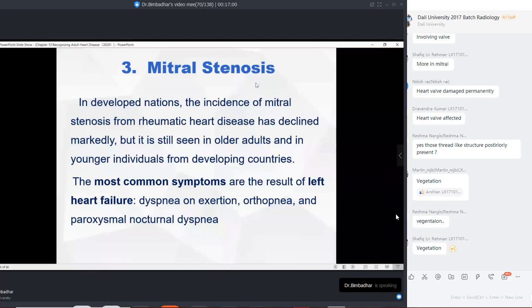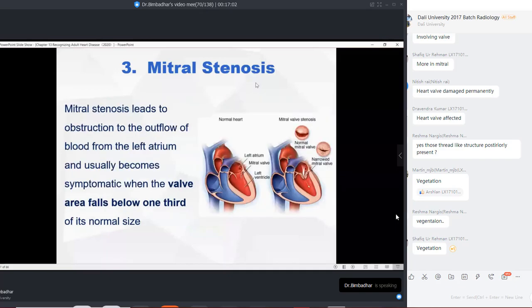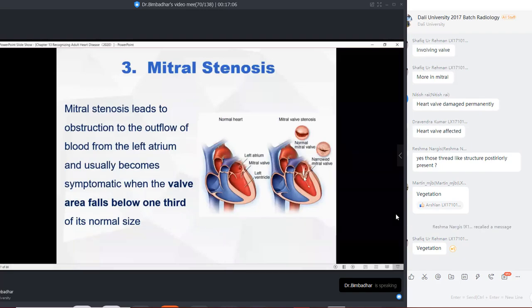Okay, so what happens? Let me see. In mitral valve disease, the valve of the heart is narrowed because of the vegetations present around the valve. So the valve is completely narrowed. Now, you tell me, if there is narrowing, does the amount of blood entering from the left atrium to the left ventricle increase or decrease?